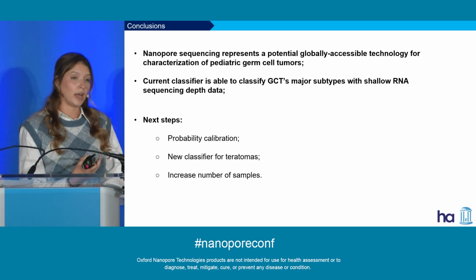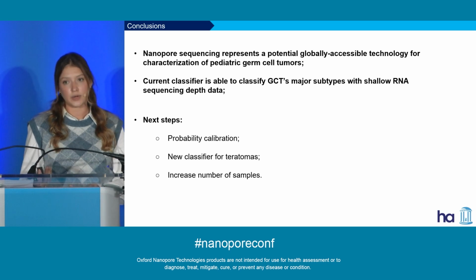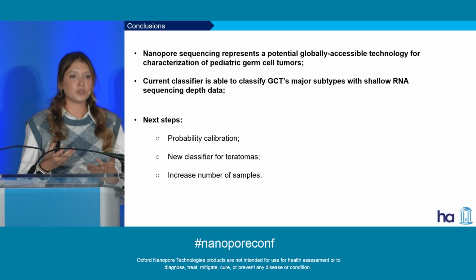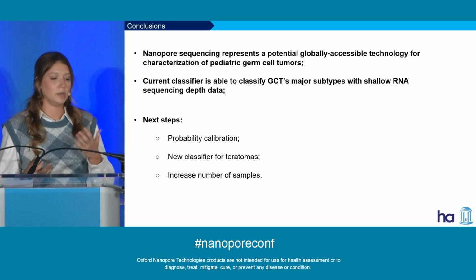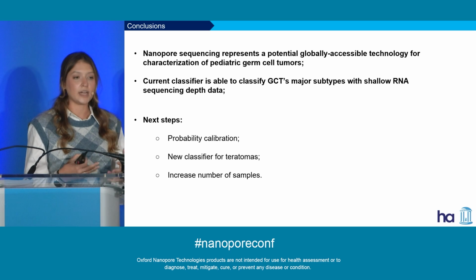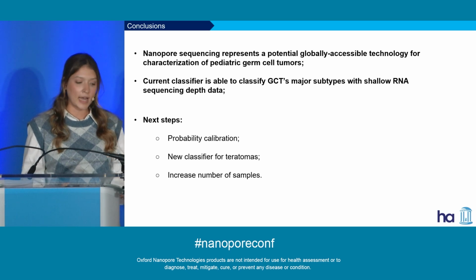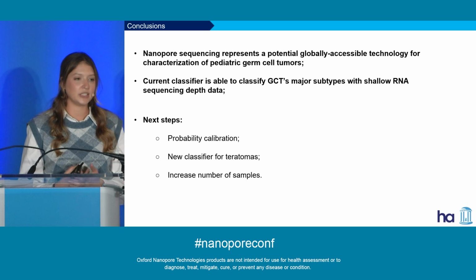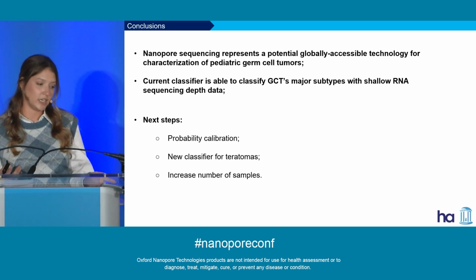We also want to develop a new classifier only for the teratomas because clinically speaking, we also want to differentiate between mature and immature teratomas, which right now we're not able to do. And also increase the number of samples, which is a challenge due to the rarity of this tumor.